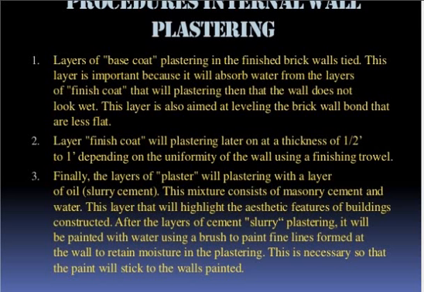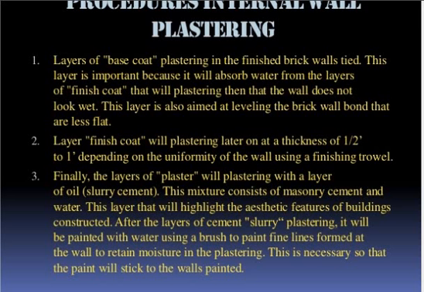Why? Because it will absorb water from the finish coat that will be plastered, so that the wall does not look wet. This layer is also aimed at leveling brick walls that are less flat.